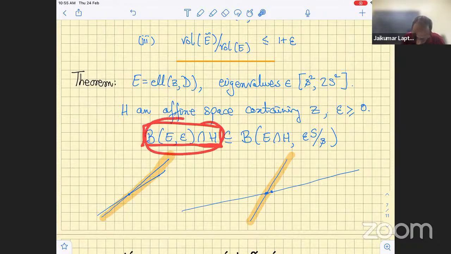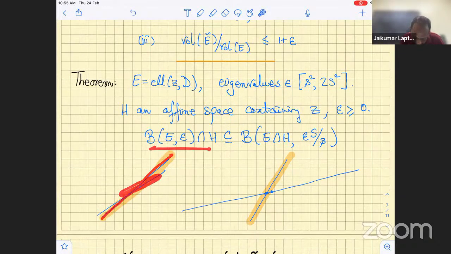You fattened this line, and then we took the intersection with this line, we got these points. That is this left-hand side. It is contained in the original intersection.